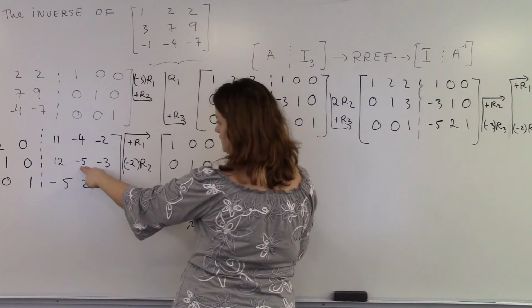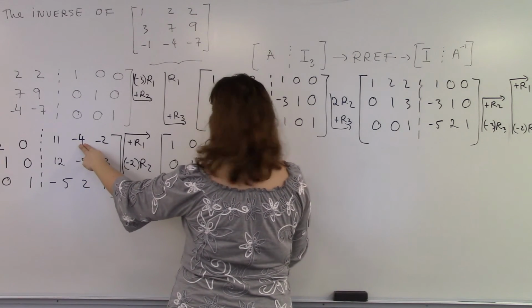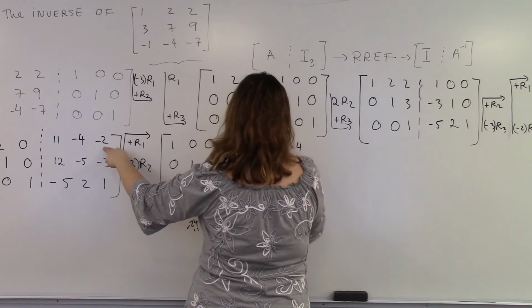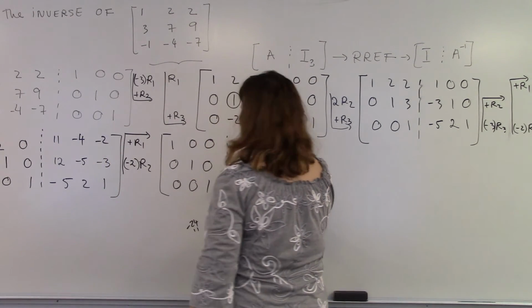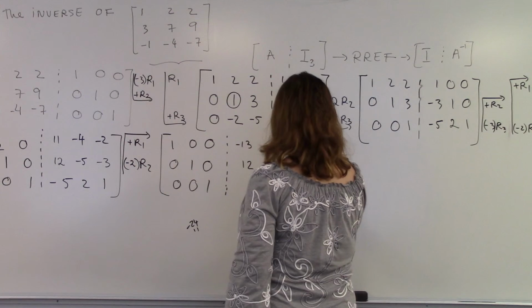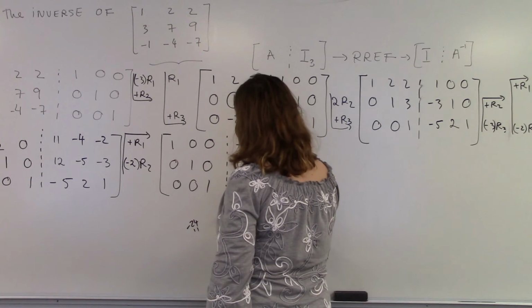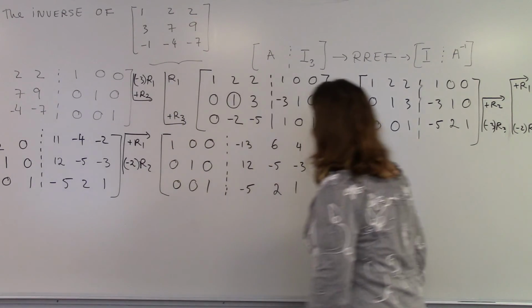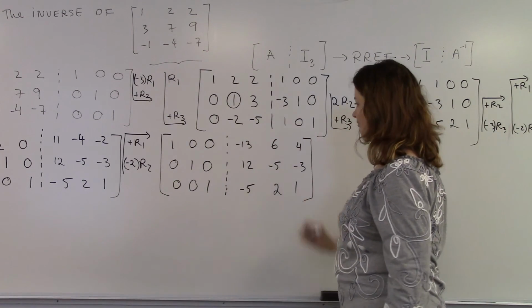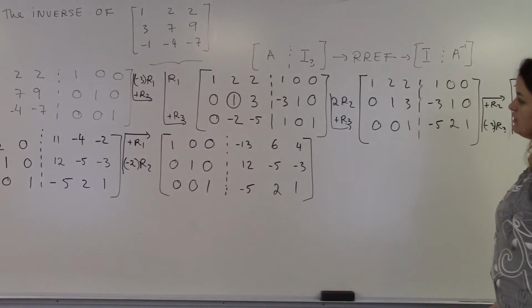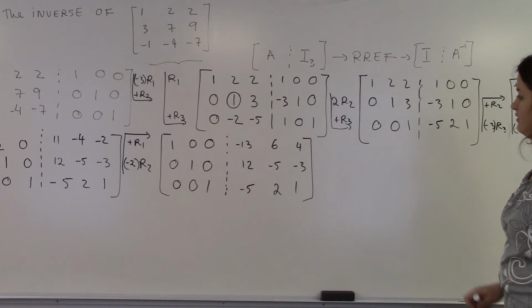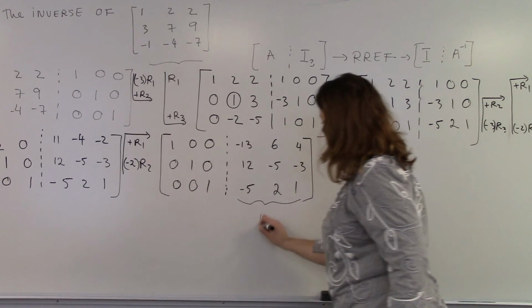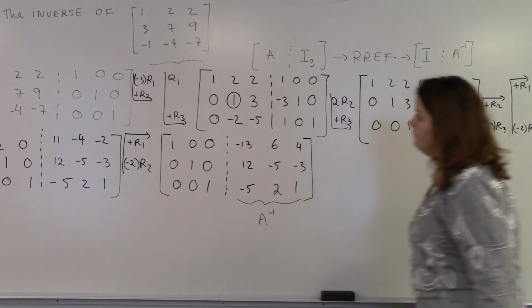And then 10 minus 4 is 6, and then 6 minus 2 is 4, and then we have 12, -5, -3, -5, 2, and 1. Okay, so this now is the inverse of A.